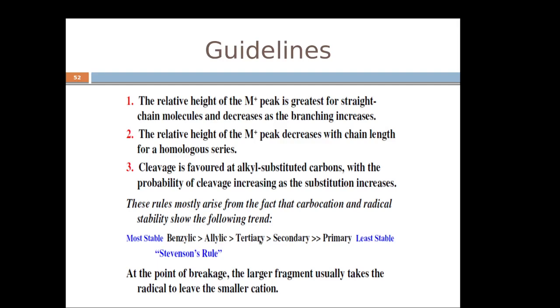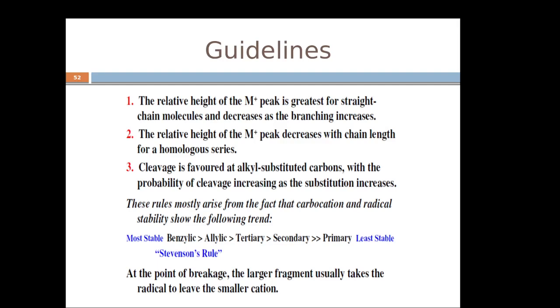Okay, so Stevenson's rule must always be followed. Another simple rule is that if a bond breaking happens in a molecule, the bond could get broken into fragments of equal size, which is almost always impossible, but rather the molecule will get broken into a larger fragment and a smaller fragment.